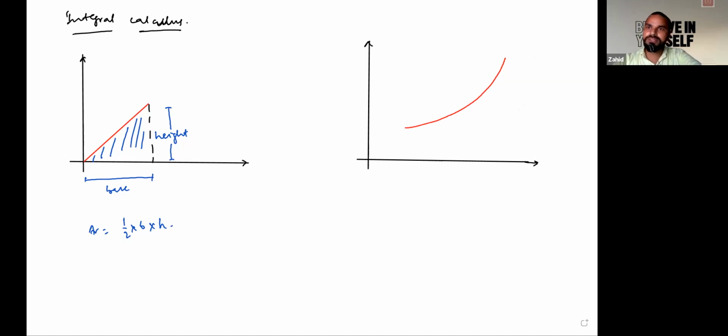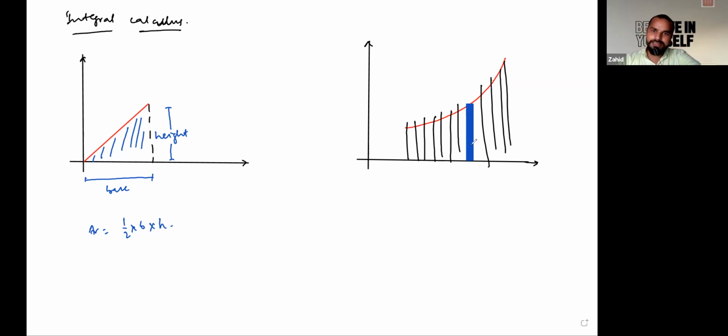For this, we split the curve into infinitely small segments like this small strip. Or we assume that the graph from this end to this end consists of this strip n number of times.